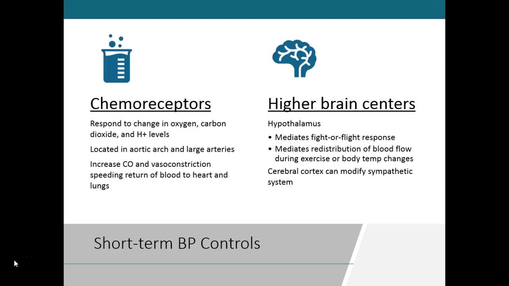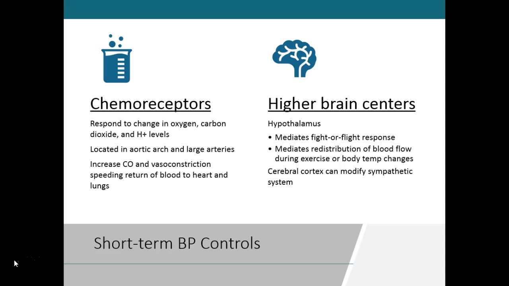So hypoxia, low oxygen, acidosis, increased hydrogen ions, or hypercapnia, excess CO2, stimulate the chemoreceptors, and they send impulses to the cardiovascular center. The cardiovascular center then increases sympathetic stimulation to arteries and veins and produces vasoconstriction, and that's going to cause an increase in blood pressure.